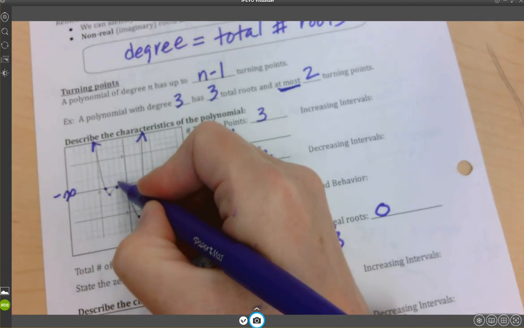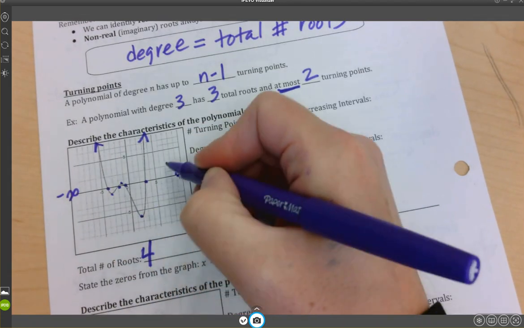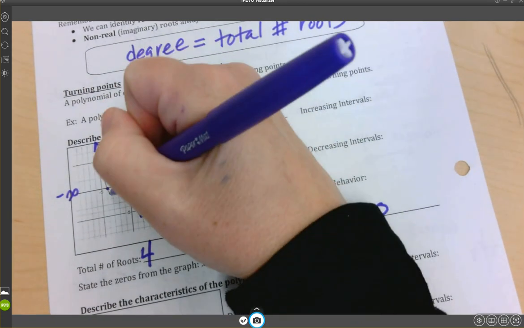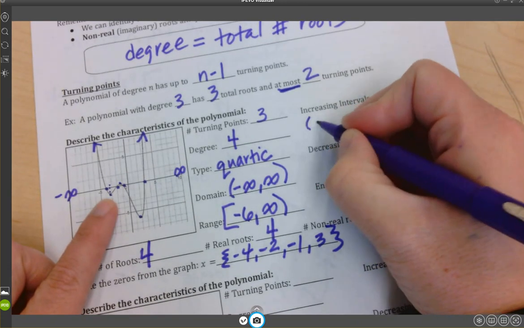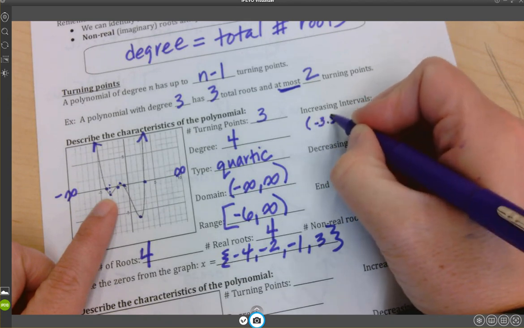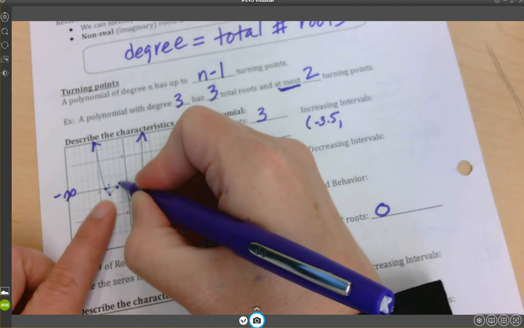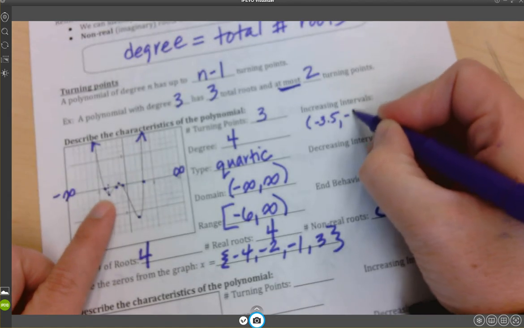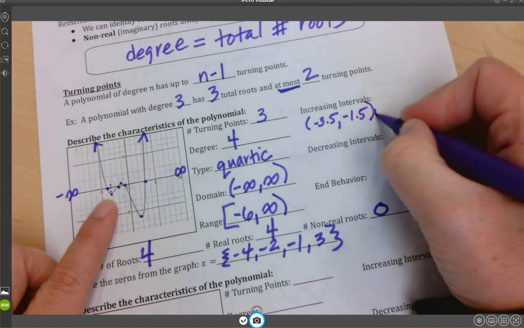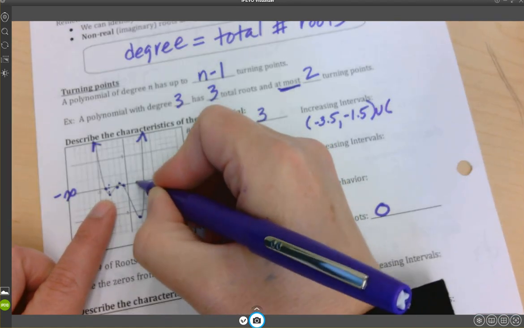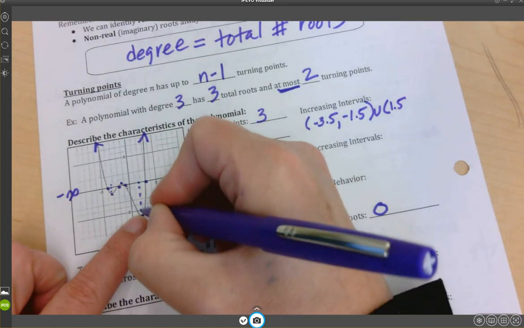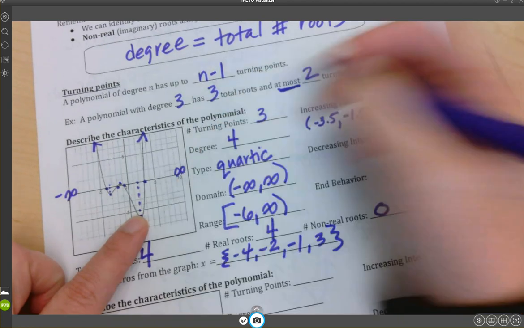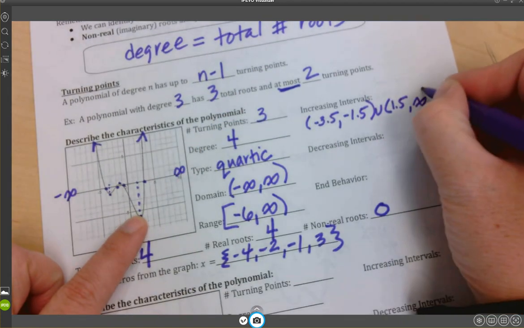For increasing and decreasing intervals, my increasing intervals are going up as I read it from left to right, so here to here, and then here to here. Remember that you're looking at the x value, so it looks like I start increasing at negative 3.5, and I continue increasing till the very top here at negative 1.5. Then here at positive 1.5, I start increasing again, and I keep increasing all the way over here to positive infinity.